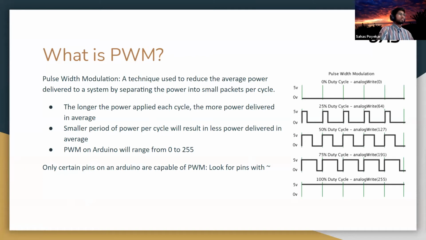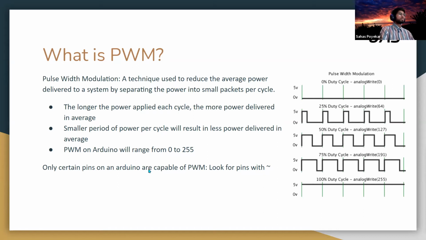Small periods of power per cycle result in less power delivered on average, so the LED would be dimmer, and the motor would spin a bit slower. PWM on an Arduino ranges from 0 to 255, and only certain pins on an Arduino are capable of delivering a pulse width modulation voltage.